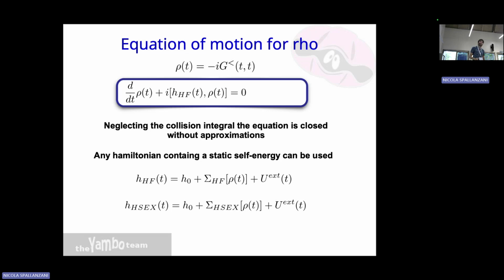Here it comes with the Hartree-Fock Hamiltonian from the equilibrium many-body approach, but then one can replace the Hartree-Fock Hamiltonian with the RT plus screened exchange Hamiltonian, which is what we use in many-body perturbation theory. Okay, so now we start from this equation with the RT plus screened exchange approximation, and I will try to dig a bit into the details of the physics which it contains and how it relates to the data.